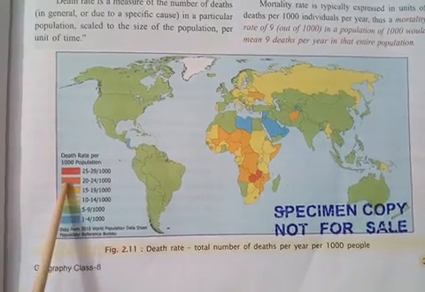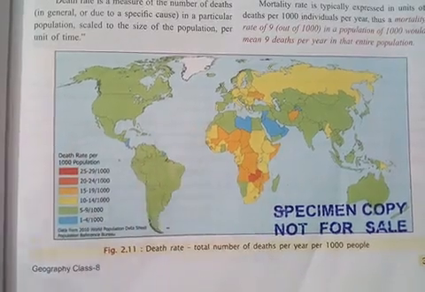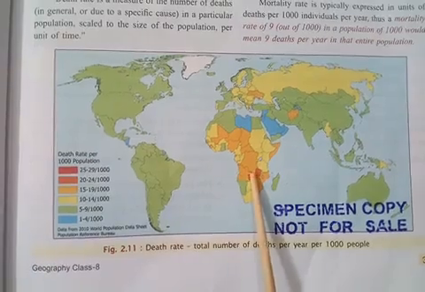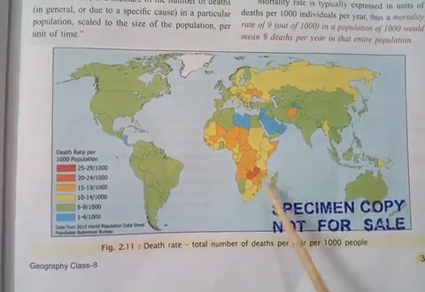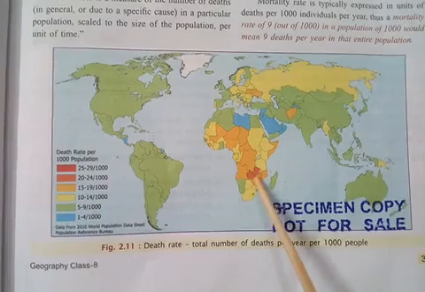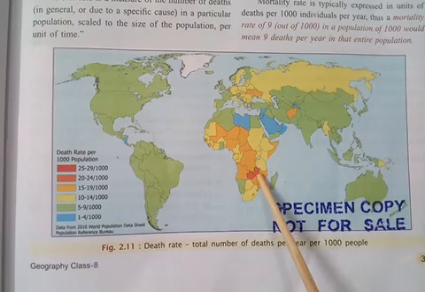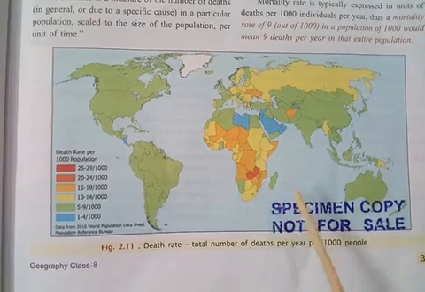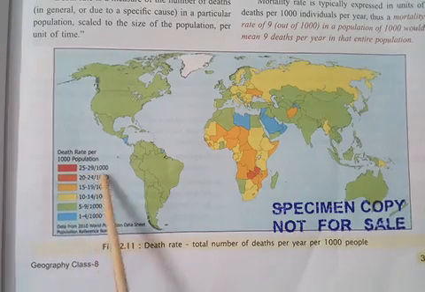Now there are two more boxes shown. One is a very dark orange and the other is red. Dark orange doesn't show any place, but the red color shows one country in Africa, and this country is Zambia. In Zambia the death rate is very high. How much is it? Highest you can say in the world. It is 25 to 29 per 1000.